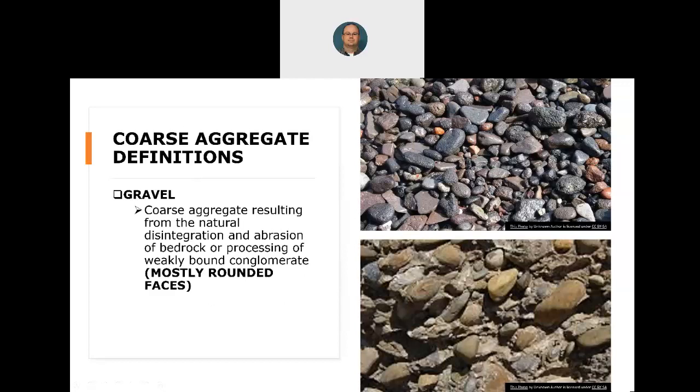We had a big sheet of ice that pushed down, and as the glaciers advanced and retreated and melted, the bedrock was ripped apart, and the pieces were transported down outwash streams, and over millions and millions of years, they got rounded. So gravel is from natural bedrock, or bound up conglomerate, and just remember rounded faces.